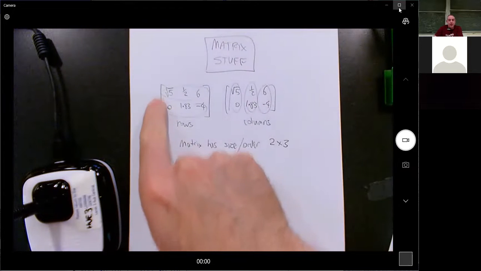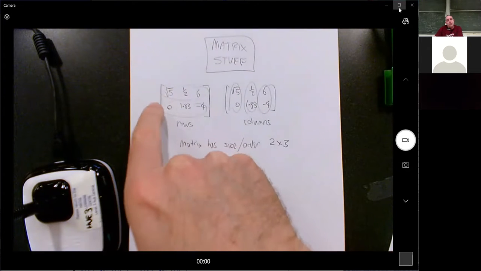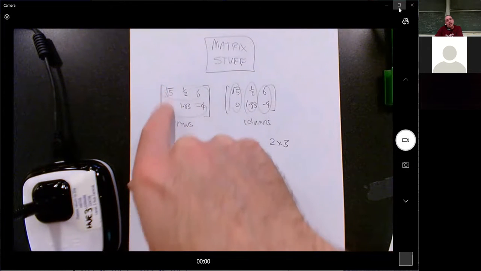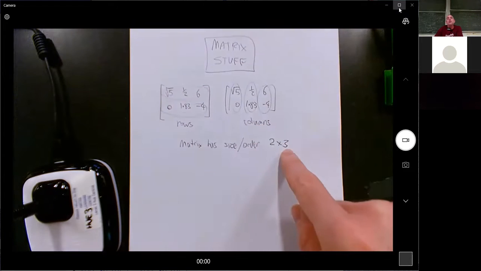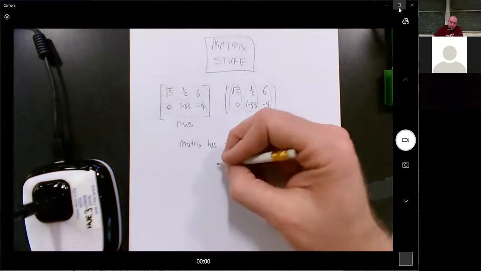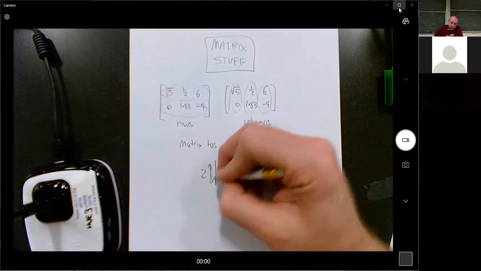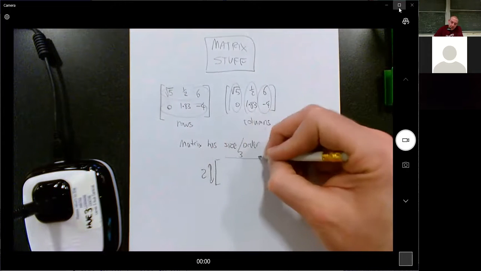There are 2 numbers in each column, that's what the 2 stands for, and there are 3 numbers in each row, that's what the 3 stands for. So it's 2 this way, and it's 3 this way.